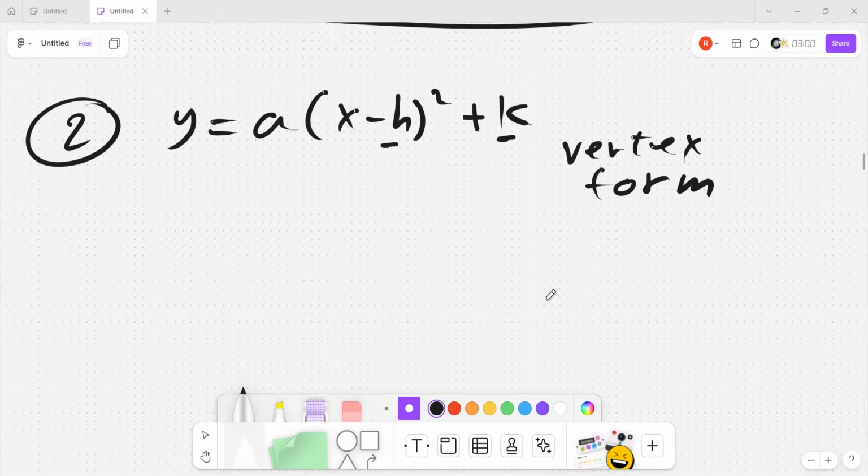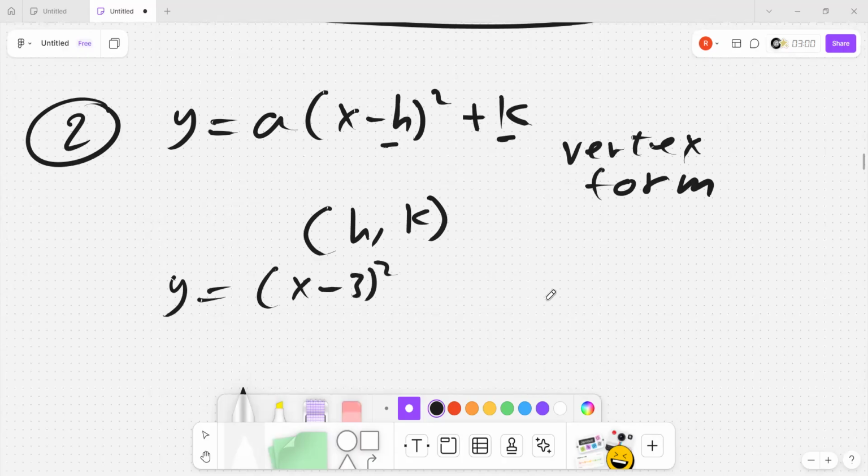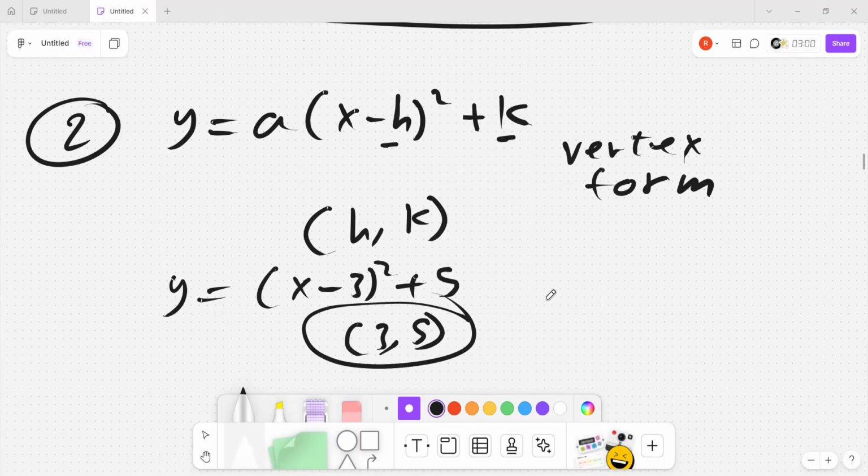But a negative h will be h and the k will be k. So this is our vertex. Let's say that we have y equal (x minus 3) squared plus 5. So our vertex will be 3, we take the opposite sign, and 5. So this is our vertex.